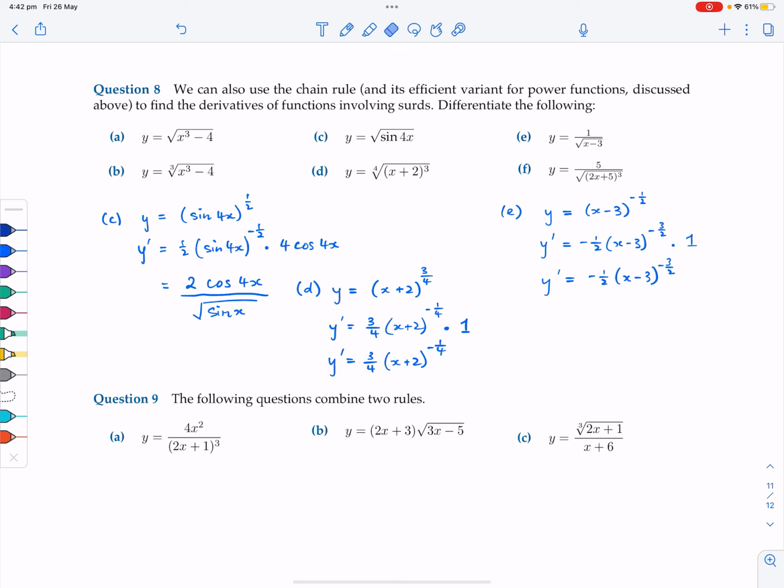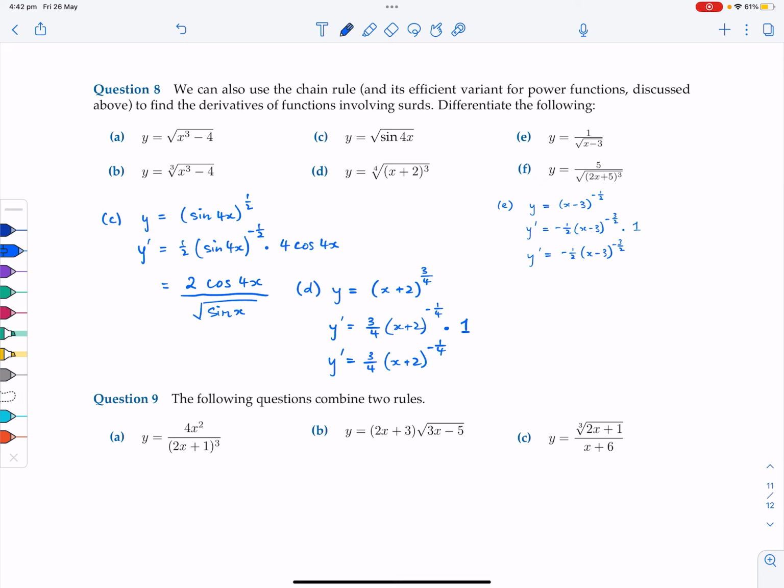And F, this 5 here is like a coefficient that can come out the front. So y equals 5, and then I've got 2x plus 5 to the negative 3 over 2.